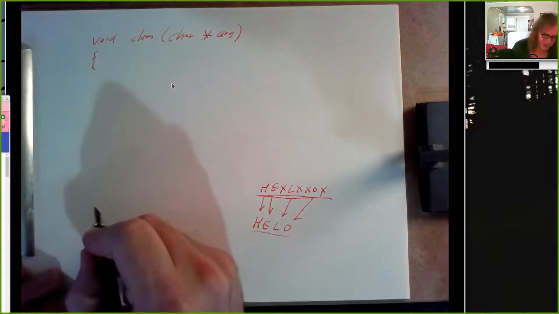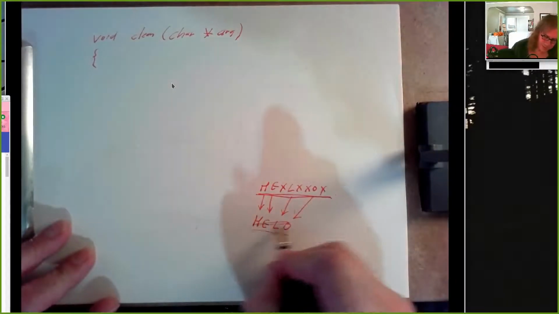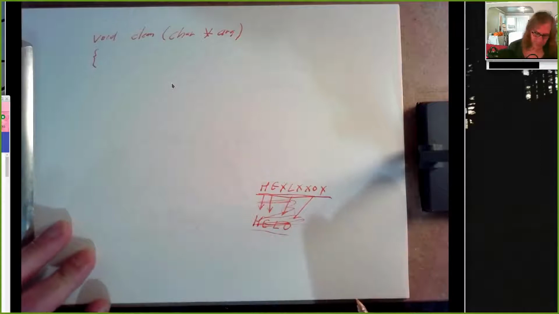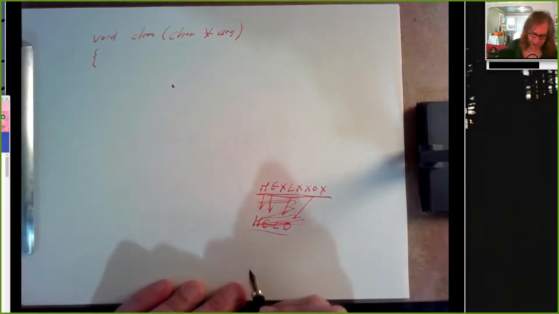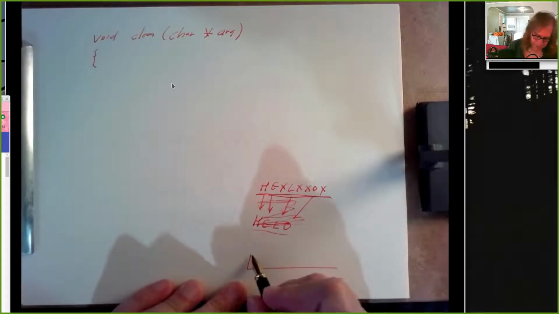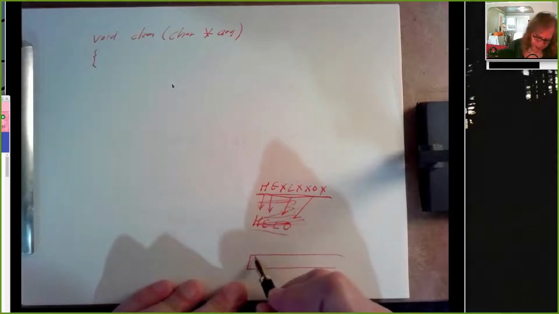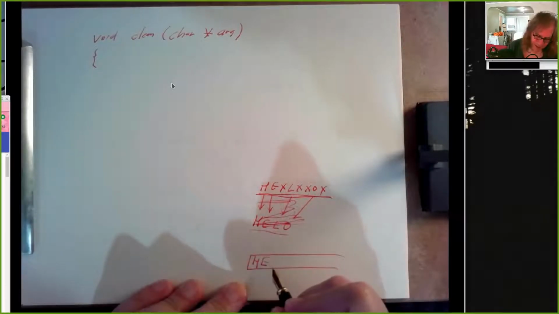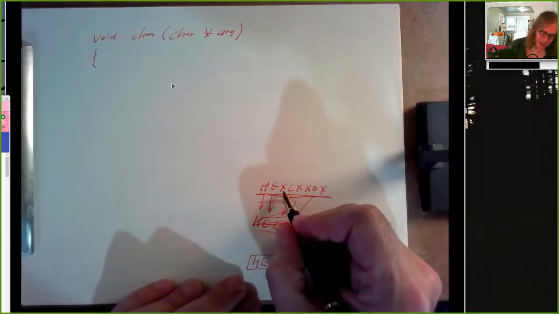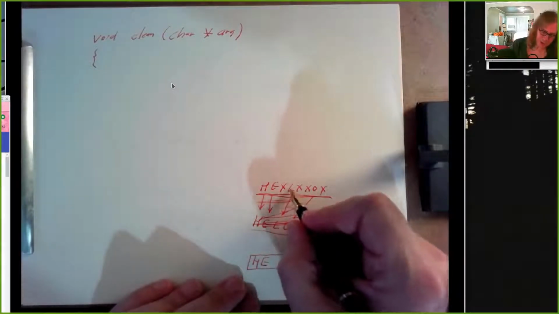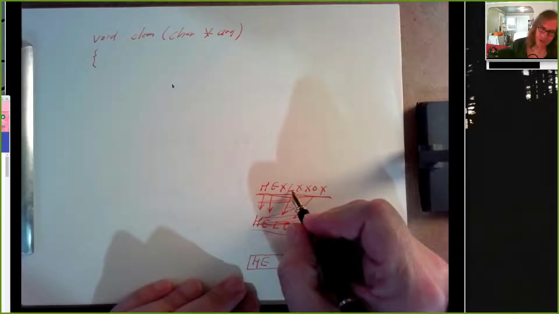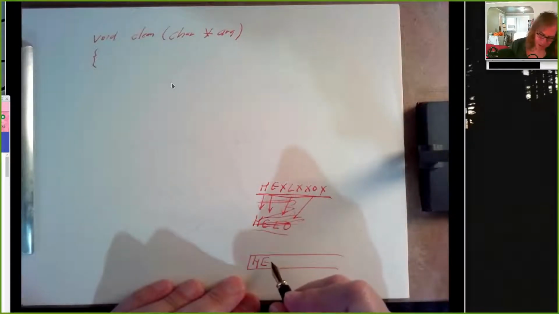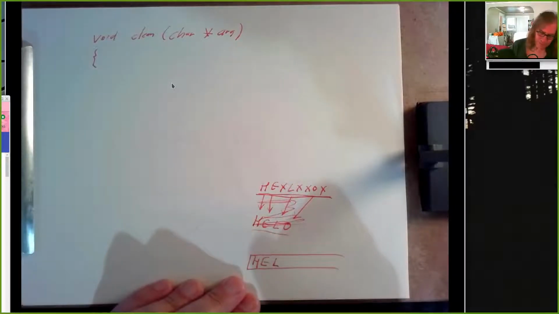Now, how exactly did we do that? Well, I created a new string down here, and the first letter becomes the first letter, the letter E, second letter becomes the second letter. The letter X I don't want to copy, so I skipped the third letter. I went on to the fourth letter. Where did I write it? In my output box. I didn't write it in the fourth position, I wrote it in the third.